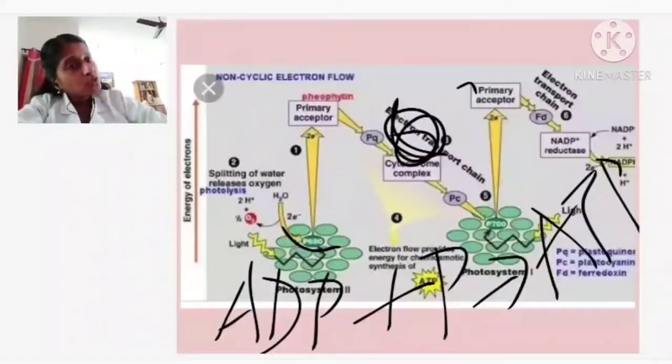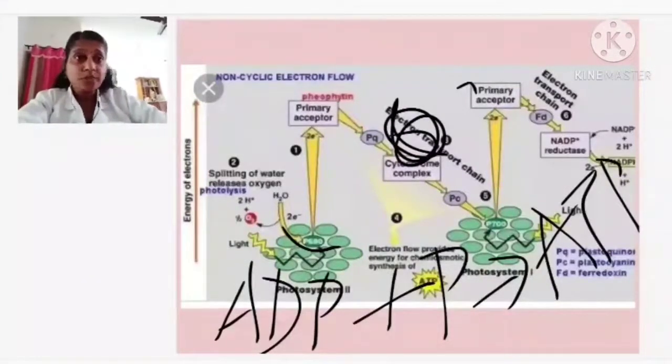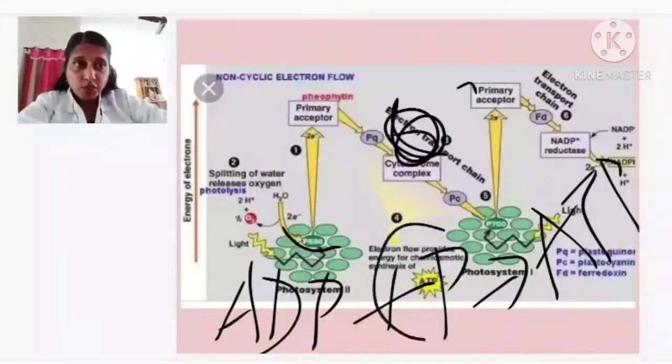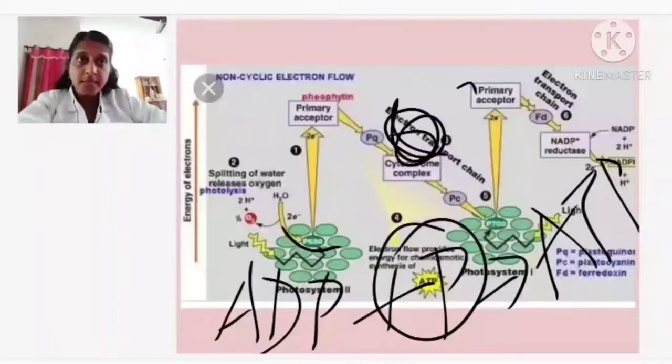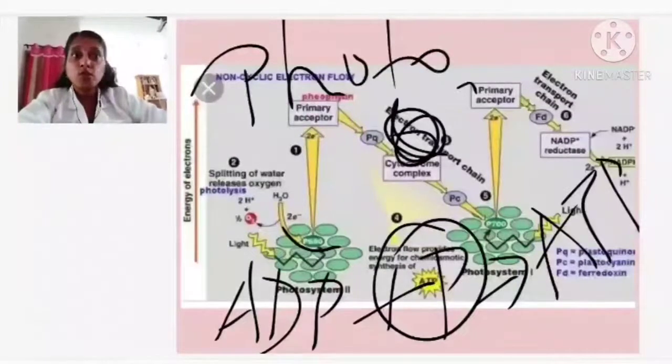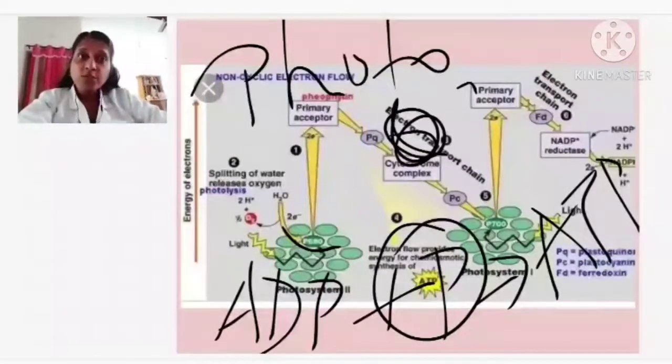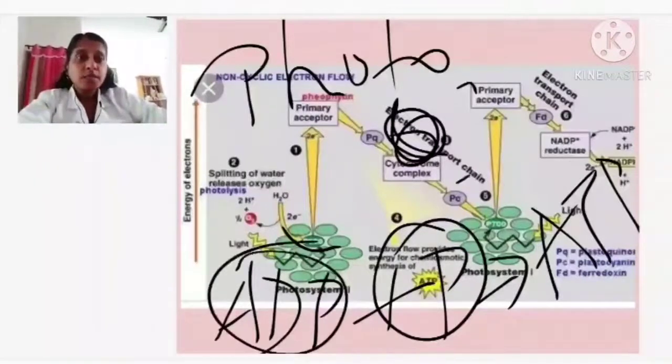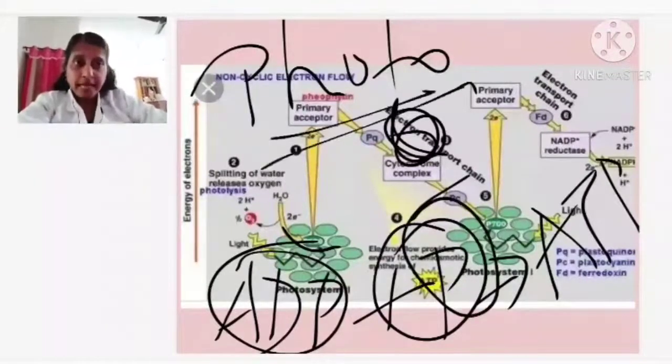So in this process, when you are seeing light energy, the photons are responsible. If there is no light, do you think this process will take place? Addition of the phosphate to this ADP is taking place because of the presence of light energy. That's why the term is photophosphorylation. Photo, light. Phosphorylation means what? Addition of phosphate. So ADP, one more phosphate is added in the presence of light.